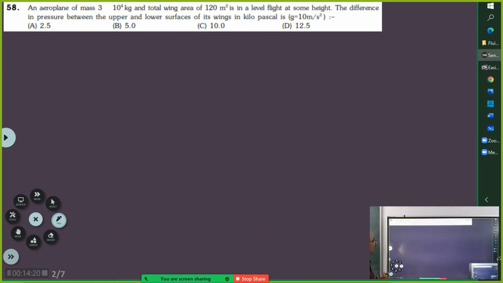Find the difference between the pressure on the upper and lower surfaces of the wing, in kilopascals. I suppose all of you know aerofoil and Bernoulli's equation, right? Now solve it. If you have understood, you can solve this. If you cannot solve, then let me know why you cannot.